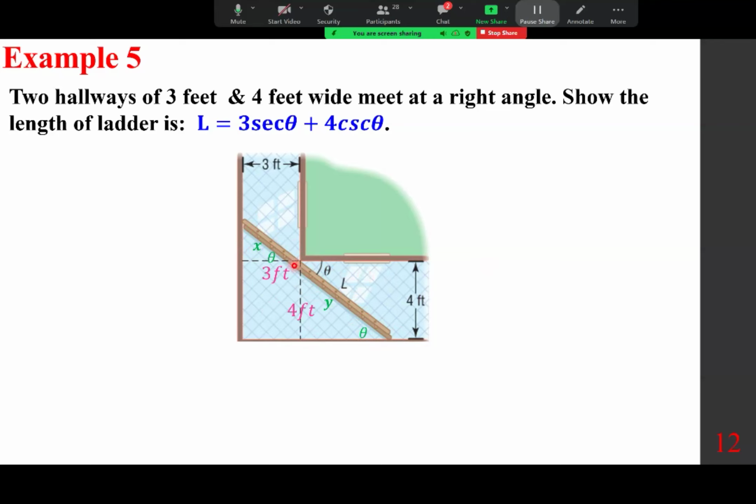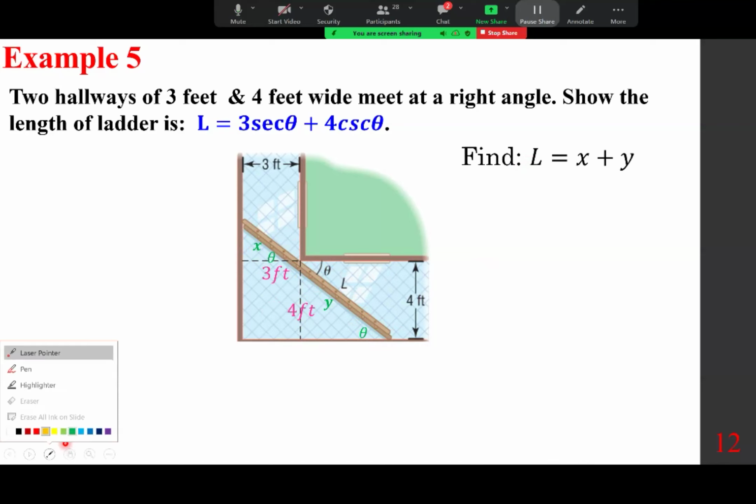So we know this is 3 feet, this is 4 feet. And so we want to find L, which is the sum of x and y. All we have to do is figure out what's x and what's y.